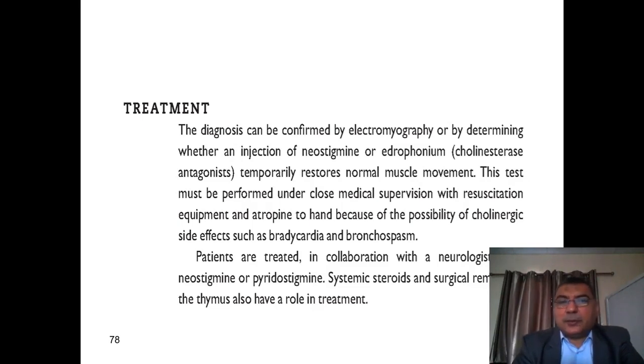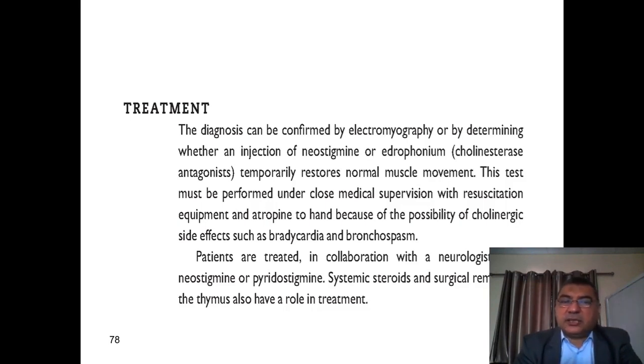We have to refer them to the neurosurgical department for treatment with pyridostigmine and systemic steroids. Sometimes they also may have systemic manifestations, like thymus gland enlargement. They may need surgery for thymus gland enlargement, so they have to have a multi-speciality workup to treat these patients.